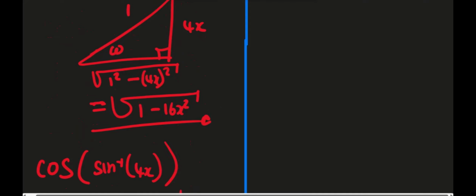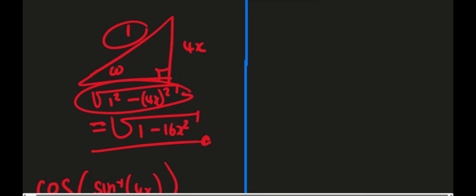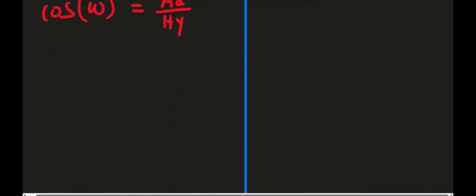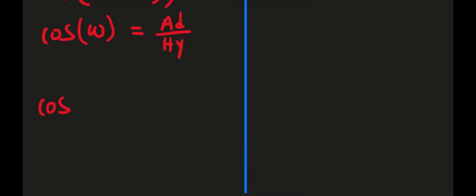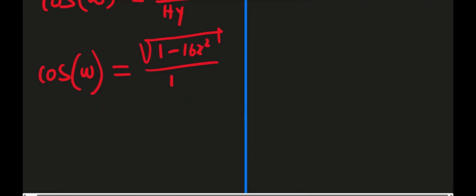This is our adjacent, that is our hypotenuse. Therefore cos w is the same thing as, yes, you guessed it, square root of 1 minus 16x squared all over 1.